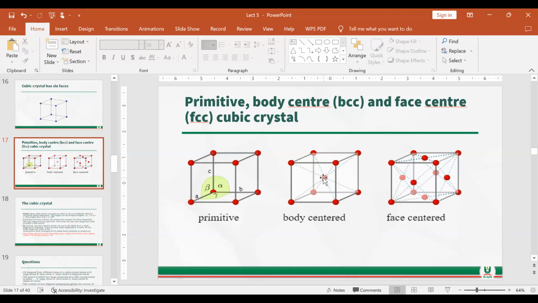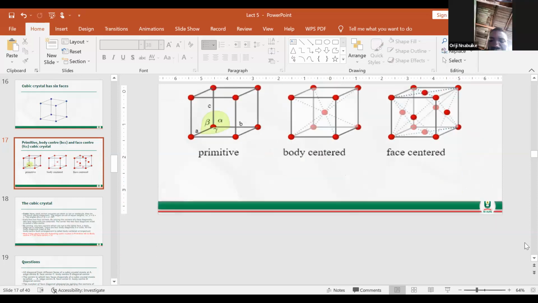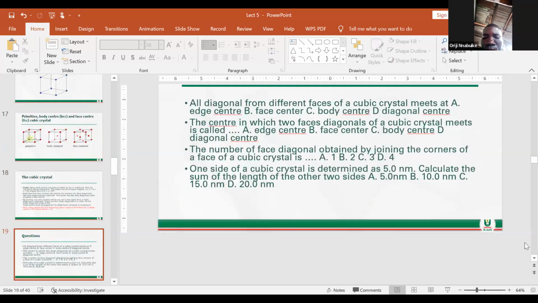That is why we call it body-centered cubic crystal. Now, this is a face. In each face, if you draw one line here and join another diagonal, they meet again. This point is called the face center, and that is why we call such a crystal face-centered cubic crystal. So we can identify 3 types of cubic crystal.